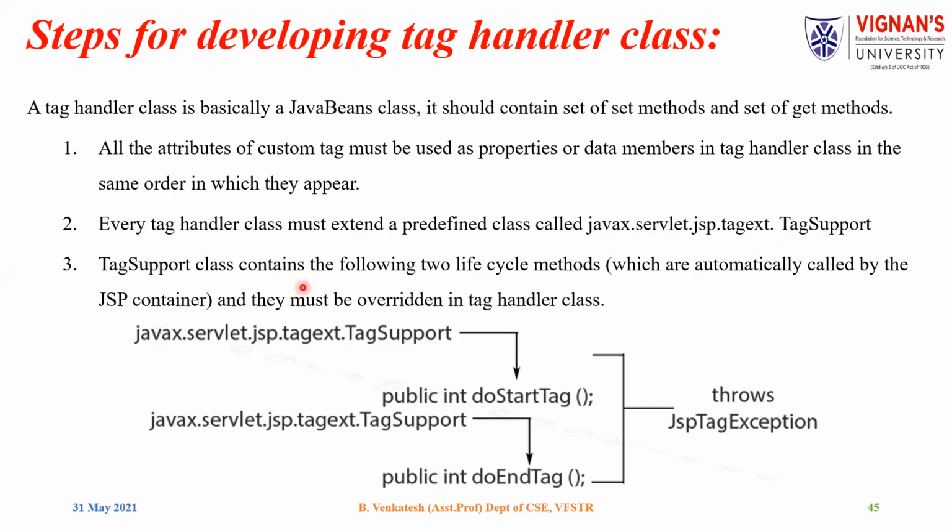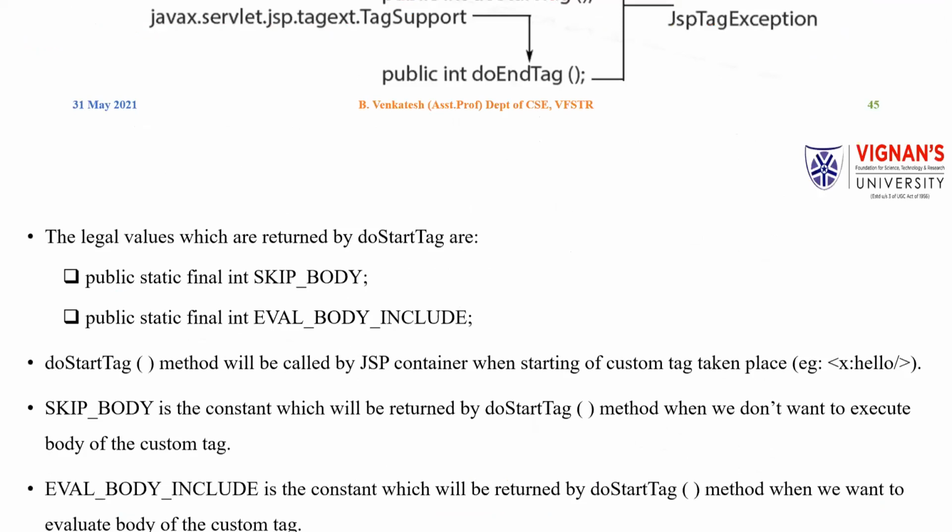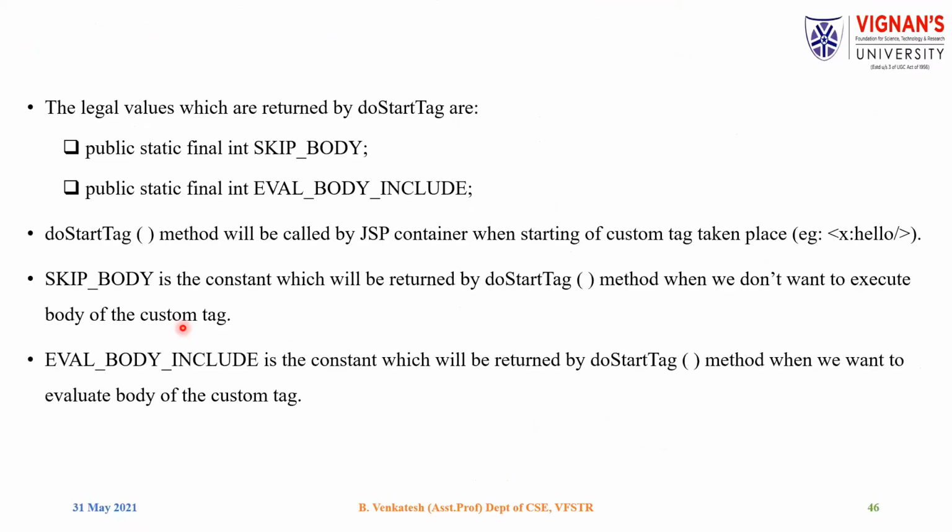This TagSupport class contains two lifecycle methods, which are automatically called by the JSP container. That means we don't require any object to invoke those methods. The two methods available in the TagSupport class are doStartTag and doEndTag.